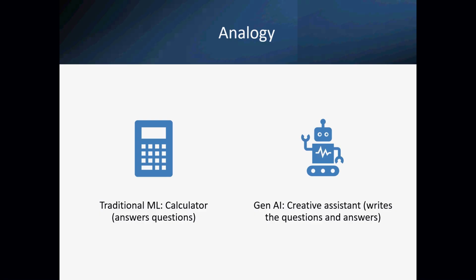But generative AI is creative in nature. If you give the same input, as I said, it might give different output. So it is innovative, creative in nature, and that's why it can be used in chatbots. It can be used in various other applications like content creation.